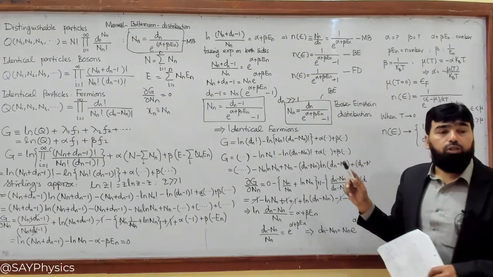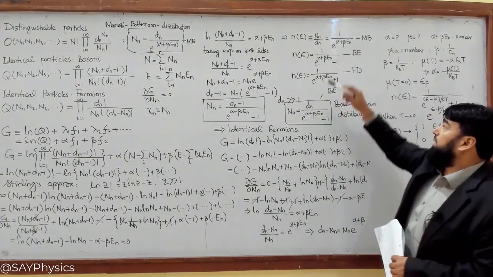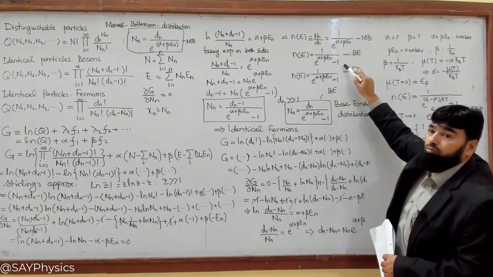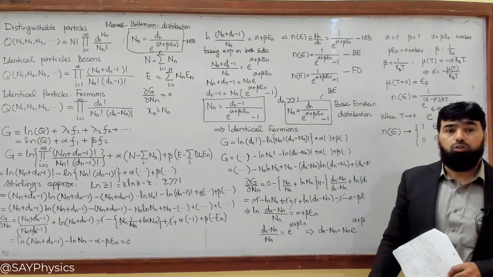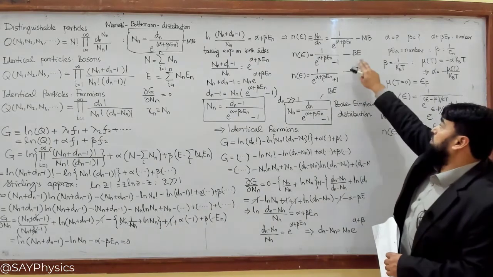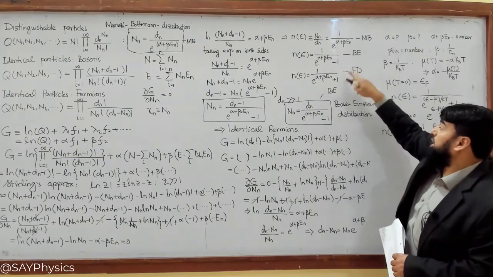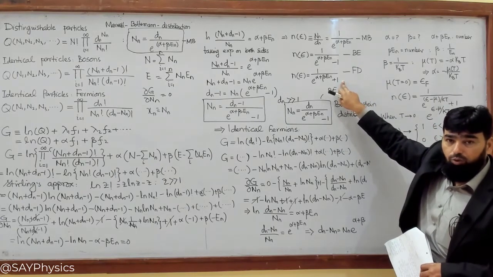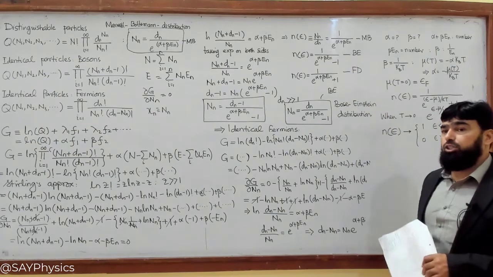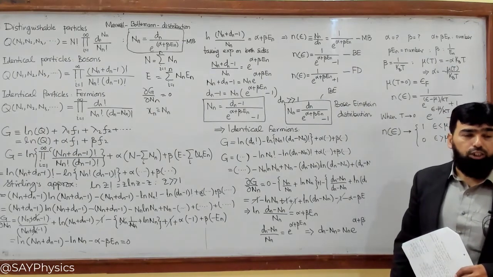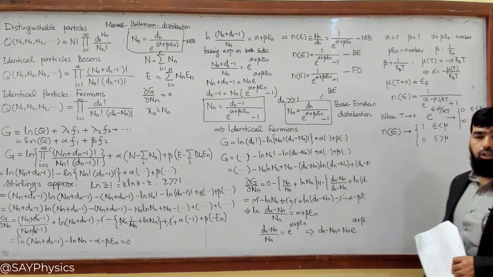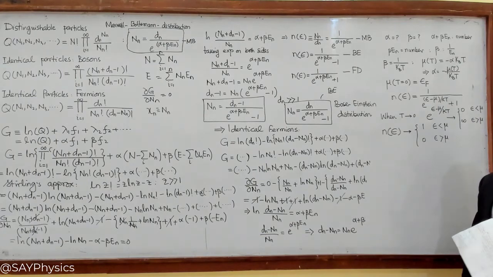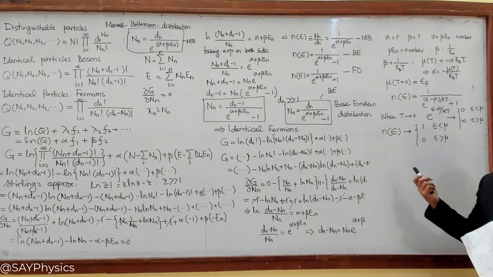So these are different sorts of particles, and they follow different kinds of distribution. You cannot apply Bose-Einstein condensation on the electrons because they are not following it. We have already calculated the ground state energy in case of the fermions, that it was quite high compared to the bosons.